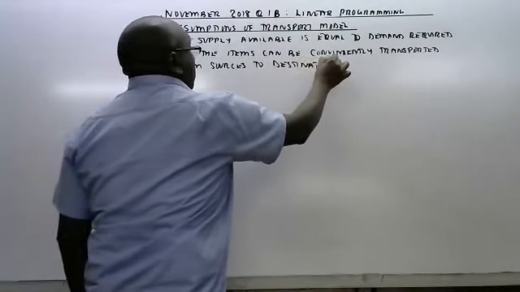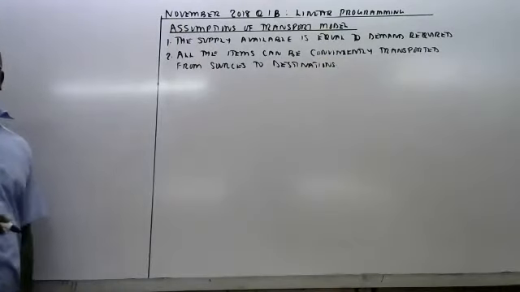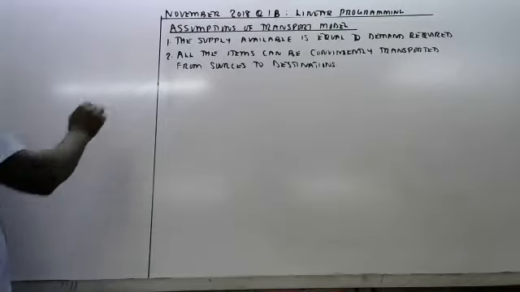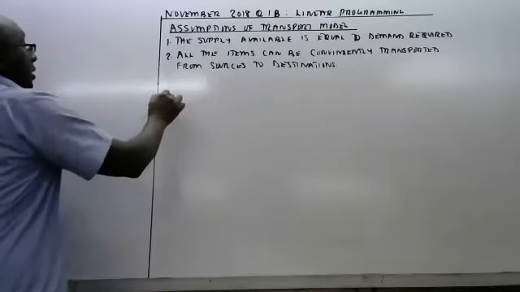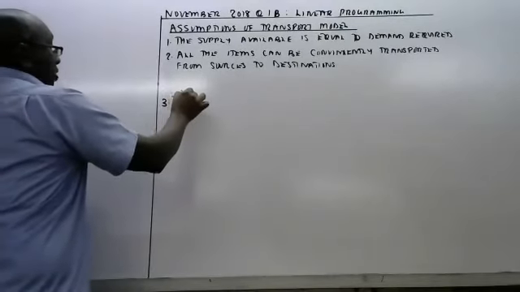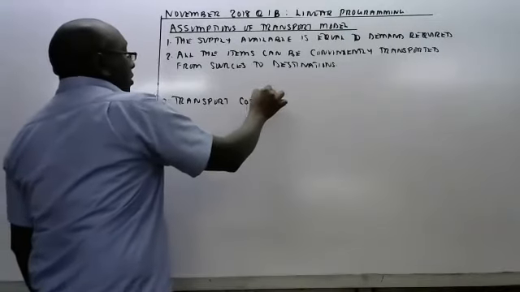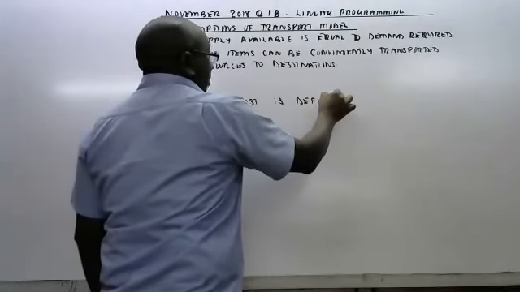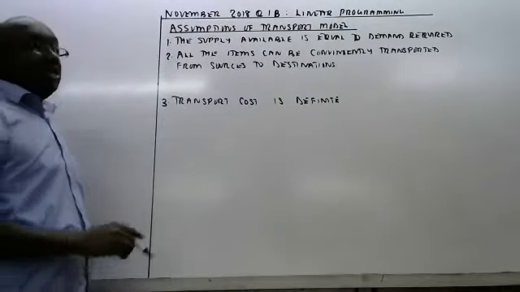So the items that we are dealing with, we can conveniently transport them from the source to the destination. The other assumption is that transport cost is definite or is defined. It is well known. It's not keeping on changing.